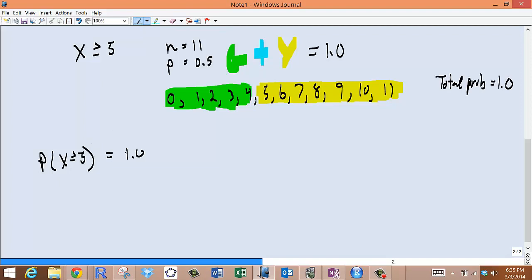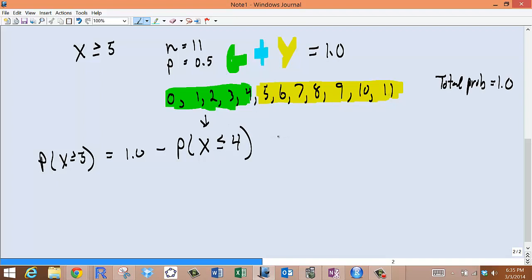So if we take the total probability and then take out the probability where x is less than or equal to 4, which is the green, then what we're left with is 5, 6, 7, 8, 9, 10, 11.